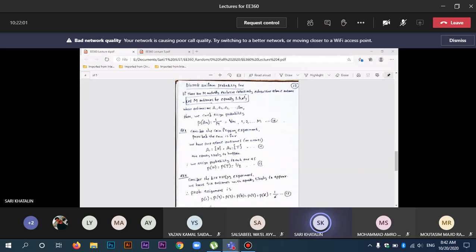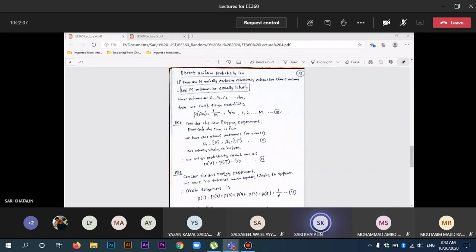Now let's go to page 13, where we're talking about discrete uniform probability laws. On this page, we assume that we have M mutually exclusive, collectively exhaustive atomic outcomes.